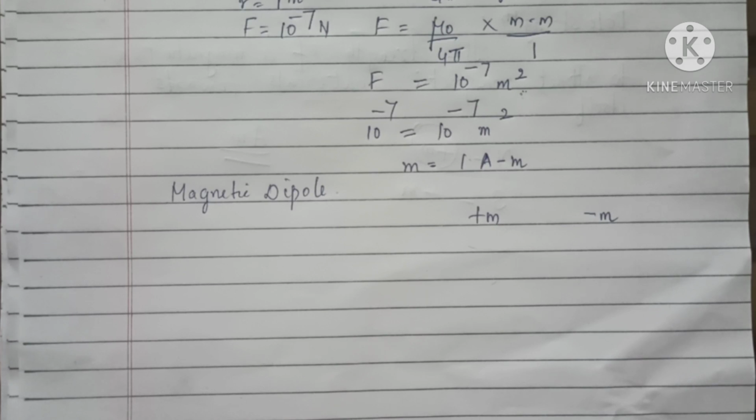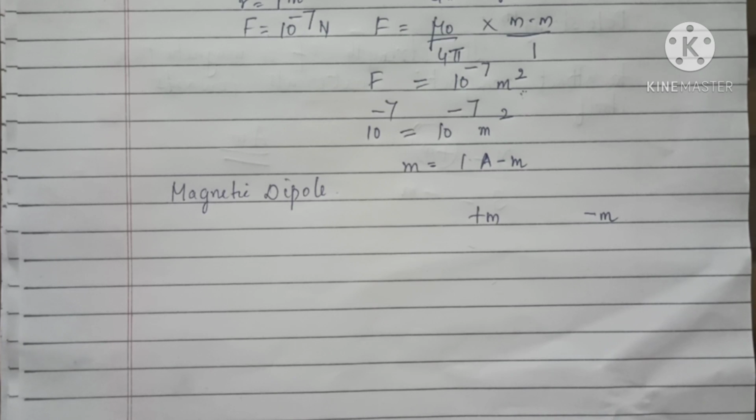So in all these cases, there are two poles having pole strength plus m and minus m, which is separated by a small distance. Okay, so these two poles are always of equal strength and of opposite nature, and these two magnetic dipoles will exist in pairs.